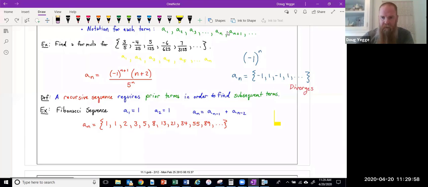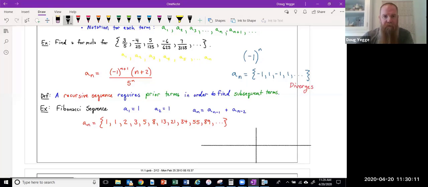So if I were to take a look at this on a graph, when I plug in 1, I get 3/5. But when I plug in 2, I now get negative 4/25. And then I plug in 3, and I get positive 5/125.